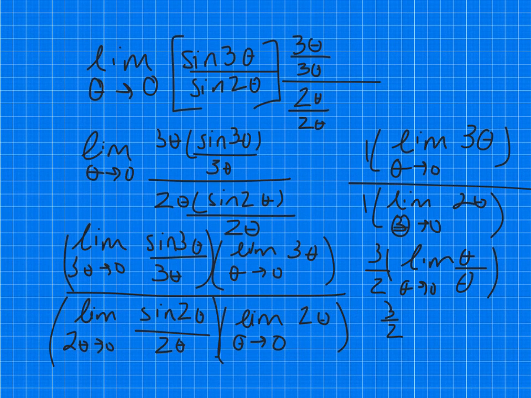So that's going to be times 1 equals 3 over 2. So this thing here turned into this over here. Now I know that it says sine 3 theta over sine 2 theta, and it's kind of obvious that the 3 over 2 turns into 3 over 2 over here. But you can't just cross off the sine and the theta. It has to be this. You need this work right here.